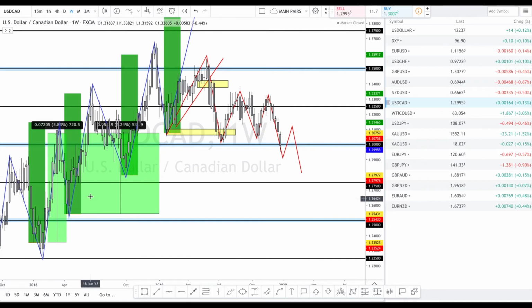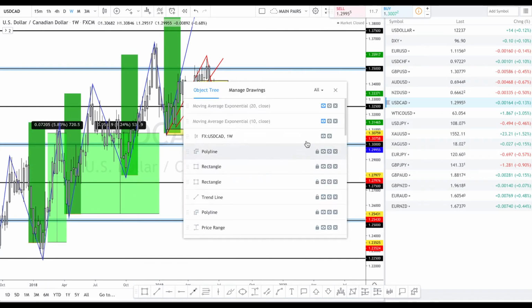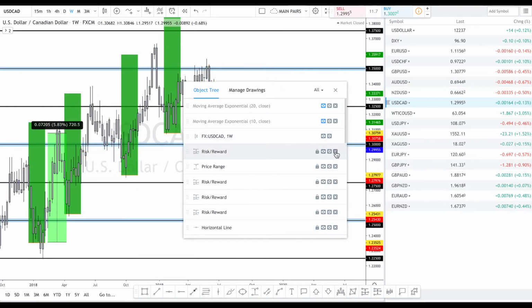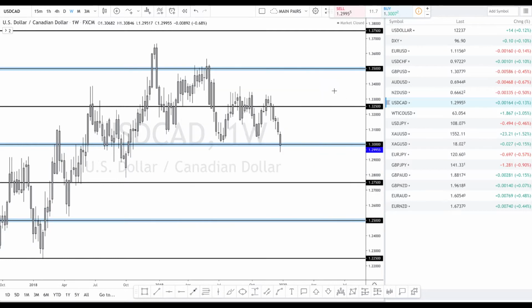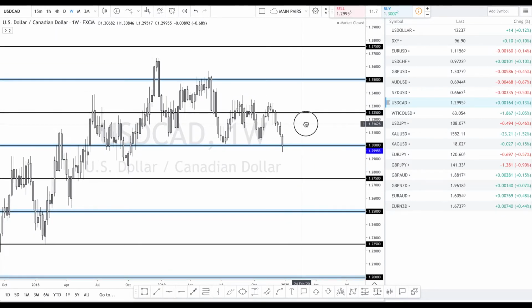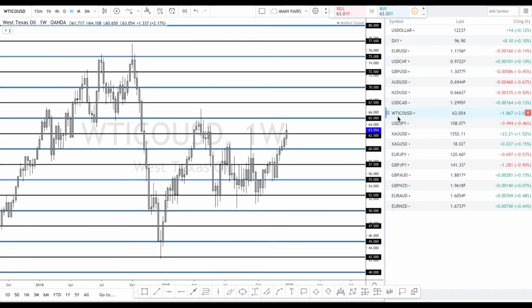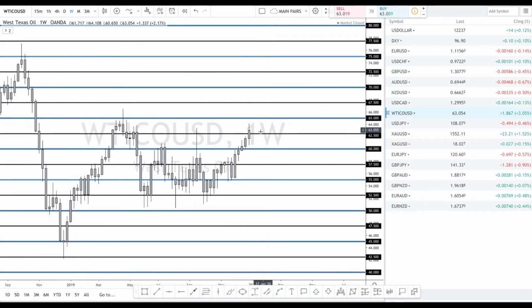US dollar CAD, so let's just get all this off from the last video here. US dollar CAD is correlated with oil, not on a trade to trade basis, more of a long-term correlation.